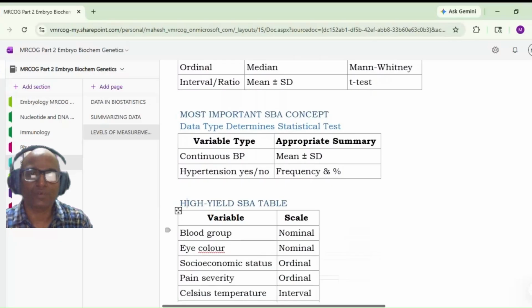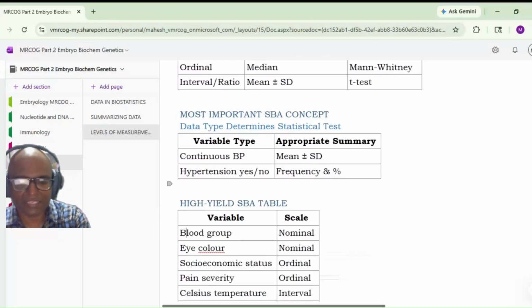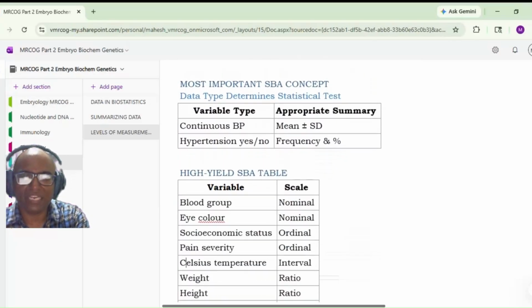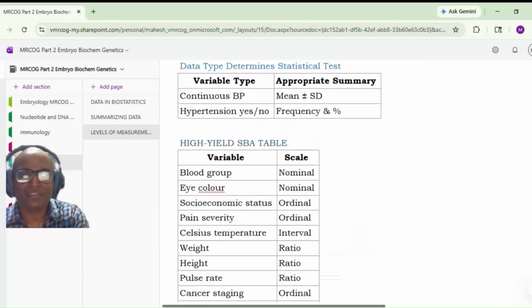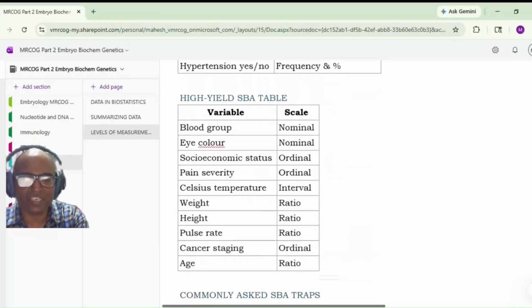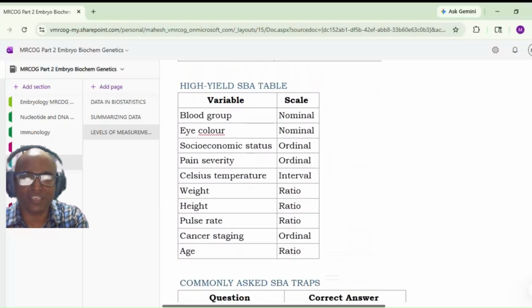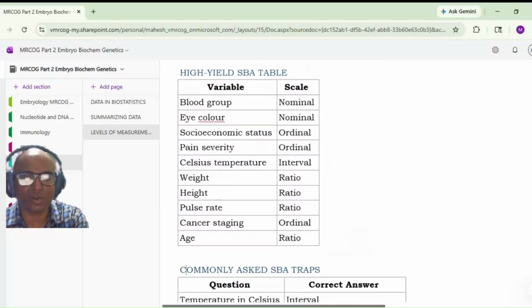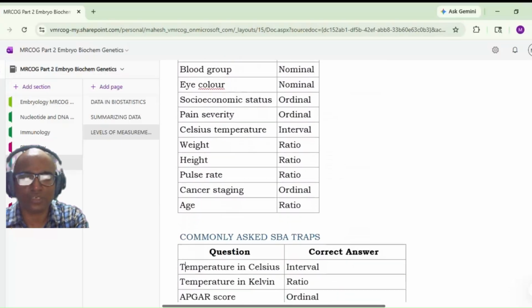From the examination point of view, blood group is nominal, eye color is nominal, socioeconomic status is ordinal, pain severity is ordinal, Celsius temperature is interval, weight is a ratio scale, height is measured on the ratio scale, pulse rate is measured on the ratio scale, cancer staging is ordinal, and age is also measured on a ratio scale.